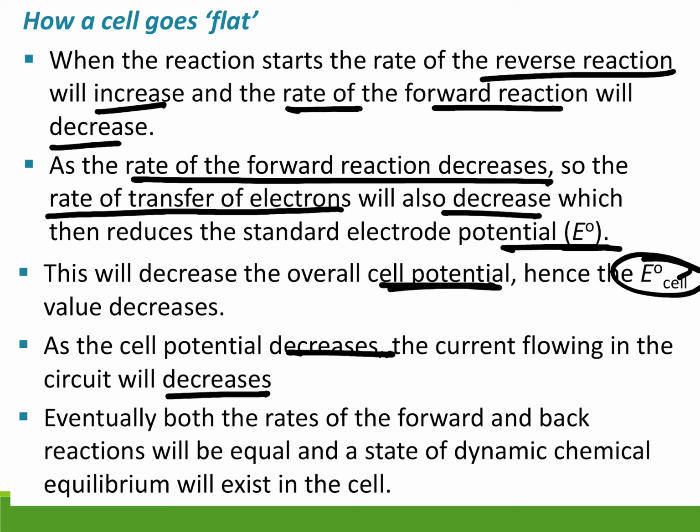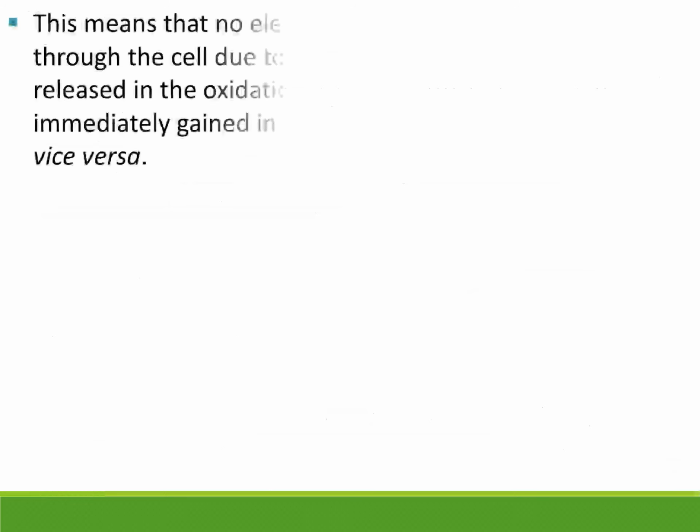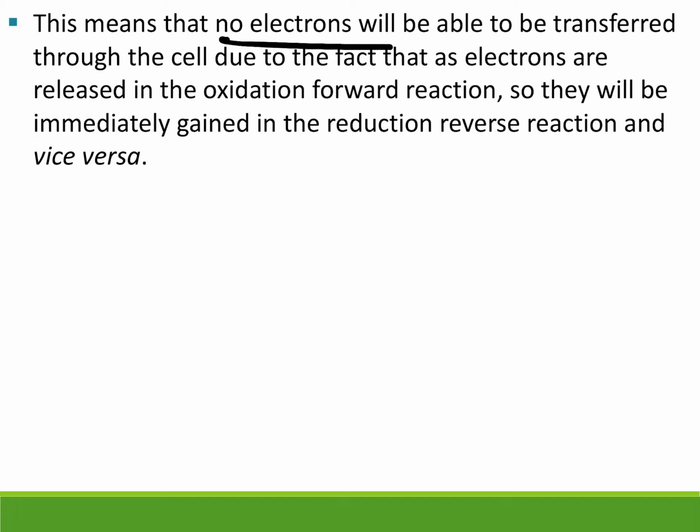Eventually, both rates, forward and back, will equal each other. So now we get to the state of a dynamic equilibrium. As a result, no electrons will be transferred because we have a situation where oxidation happens at the same rate as reduction happens. One is forward, one is reverse, and vice versa.